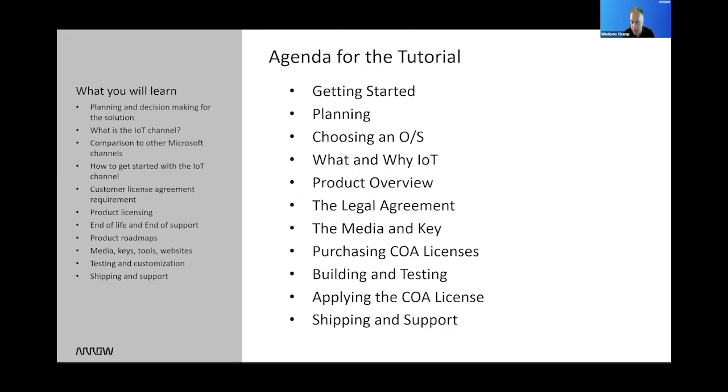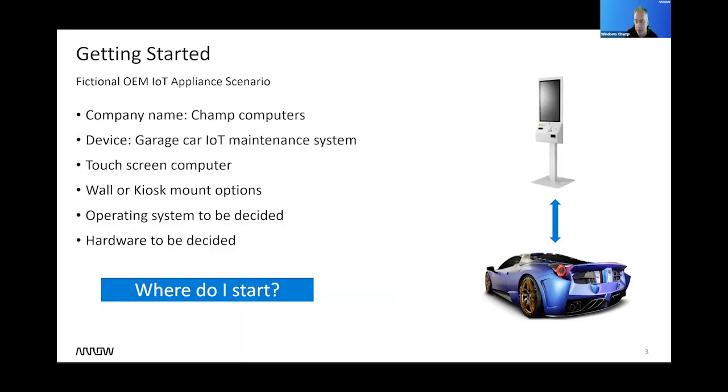There is a legal agreement involved, and we'll talk about that a little bit. Then you get the product with the media and the key so you can start testing, and later you'll purchase the licenses, apply them to the device, and then sell, ship and support it. So we'll go through those steps and take you through what you need to know to get started with an IoT appliance.